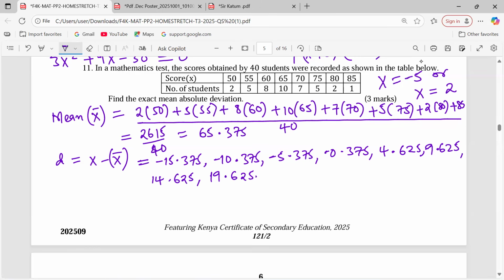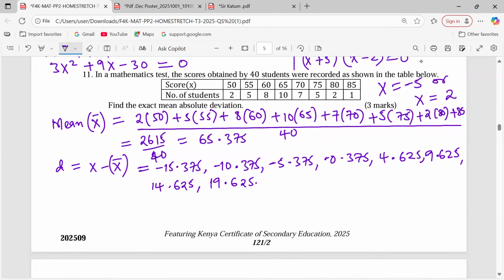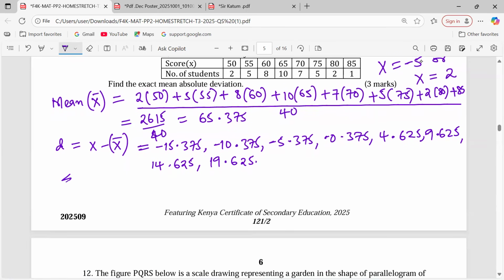Those are the deviations. You know, for you to get mean absolute deviation, you get the mean of all absolute deviations. Mean of absolute deviations. So we'll be taking summation of absolute deviations, and we divide by the number of students. So in this case now, I'll be taking absolute deviations.